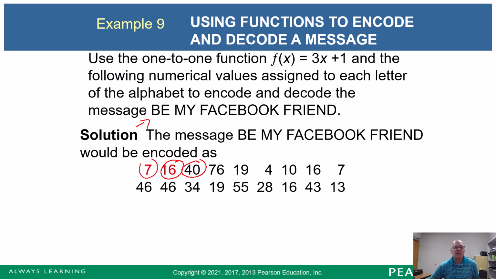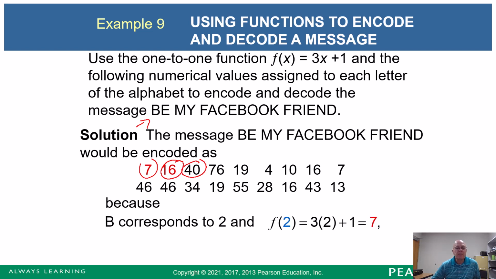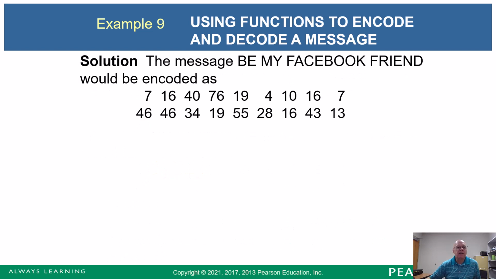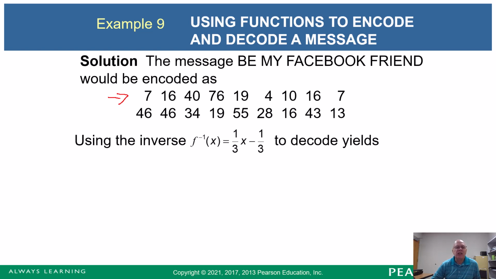When it gets to the other side, this is the B encoded, E encoded. On the other side, your friend gets this message, which doesn't make any sense by itself. They decode it using the inverse.